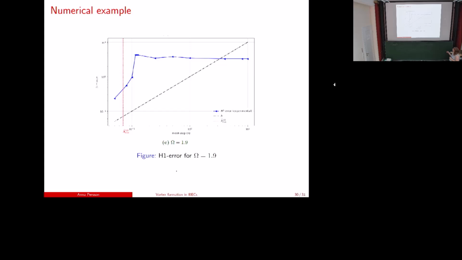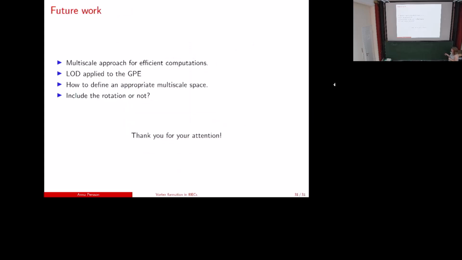Here I would like to have another method which doesn't push me to be here; I would like to be here. Since I'm from the LOD community, we would like to apply LOD to this one.